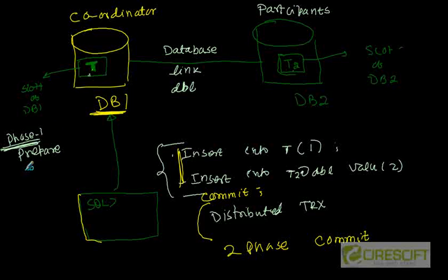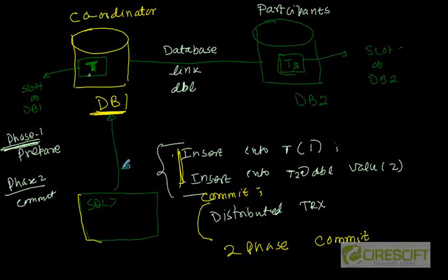Let's say all of the participants say back that okay, we are ready to commit. Then phase 2 is the commit phase, when the redo log writer is going to write to the online redo buffer. That is what we explained in the couple of videos before, about how the actual commit happens and what the process of commit is.